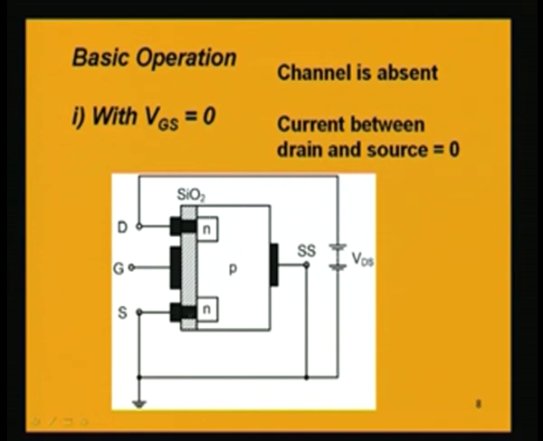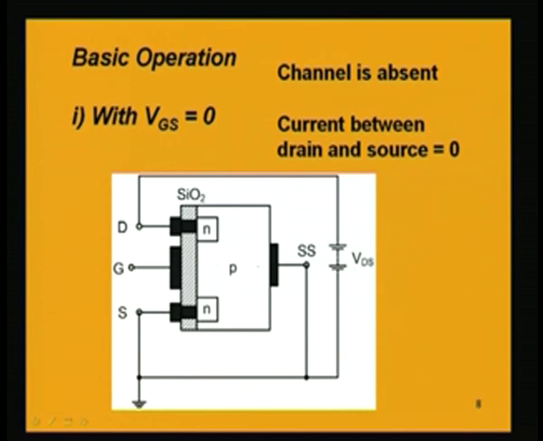So, this metallic contact is contacting with the source, and the gate terminal, which has this metallic contact, as you can notice, has no contact with the P substrate, because in between there is this insulator, the silicon dioxide, which is in between the gate terminal and the P type substrate.